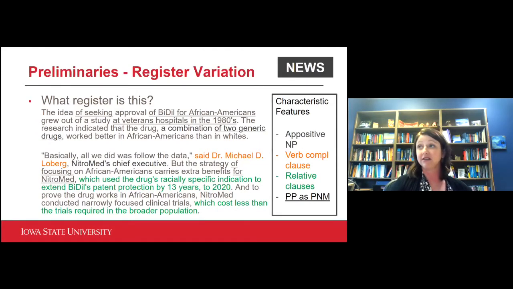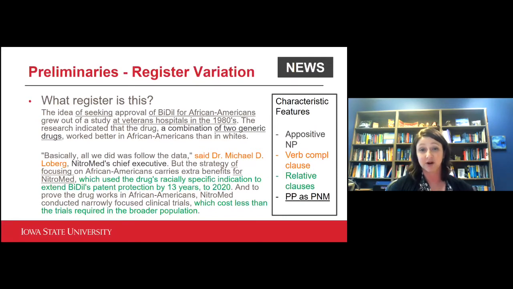And so we get things like appositive noun phrases, like this one, Dr. Michael D. Lohberg, NitroMed's chief executive. That appositive noun phrase tells you the relevance of the person who has been mentioned. We also get verb complement clauses that report what someone in the story said. We have relative clauses that expand on a noun phrase and tell us the meaning or the relevance of that noun phrase.